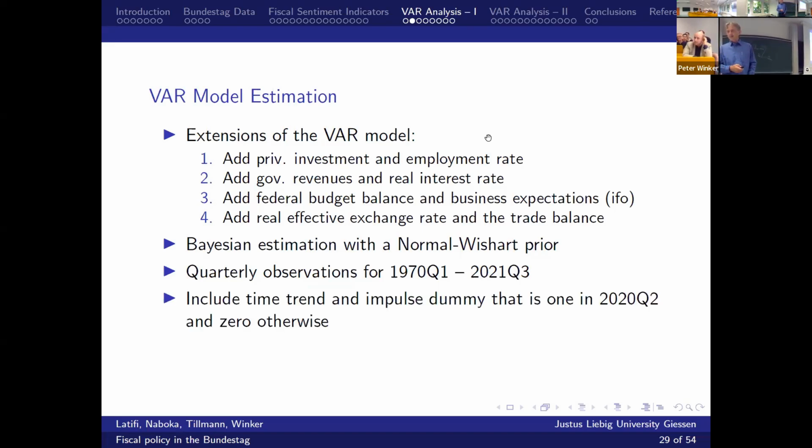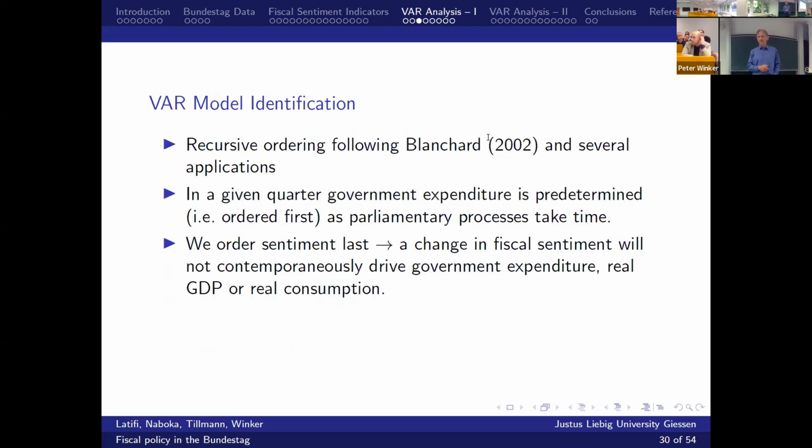And then we have our dummy time plan, and we have an impulse dummy for the second quarter of 2020 because of the extreme values we had in GDP and consumption in that year. Eight quarters lag. Well, here's the argument of why we order the speeches last, because we say at least government expenditures will be fixed already at that time.